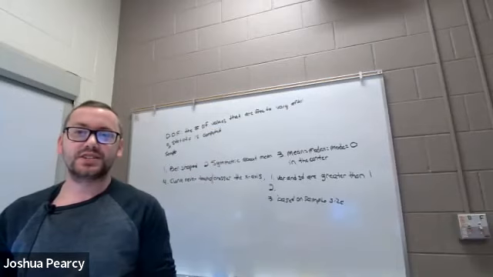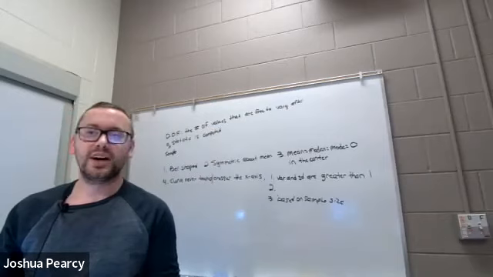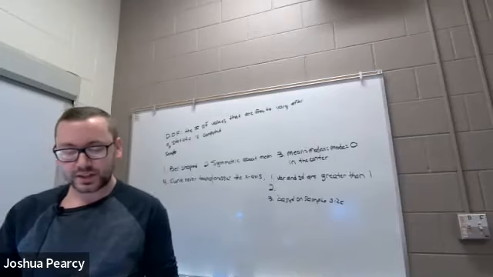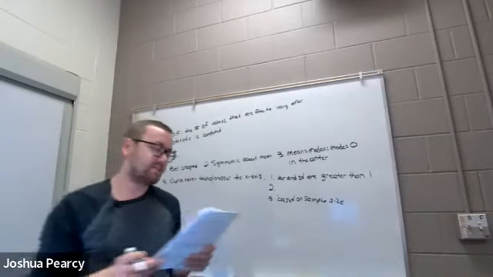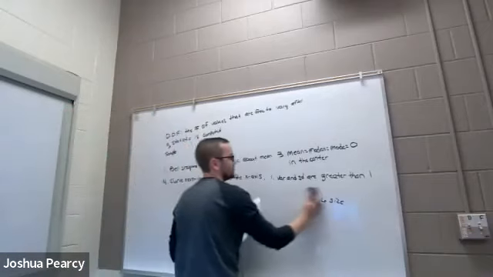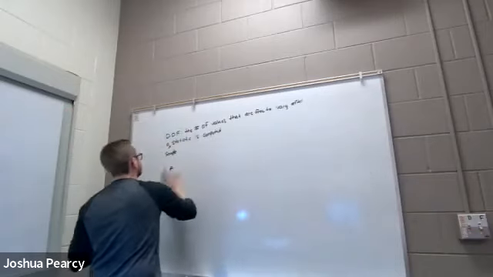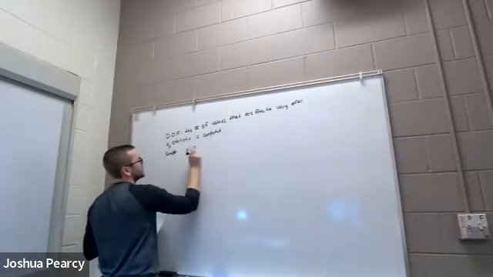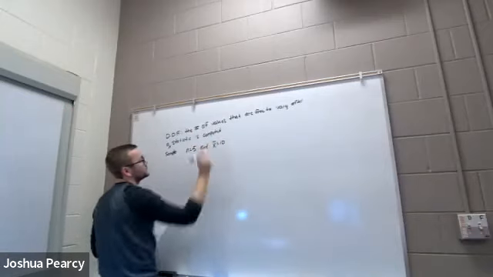Then the next question says, what does this mean? I'll show you what it means. It's a lot easier to do that. As an example, let's take the mean of 5 values and let the mean be 10. So I have n equals 5 and x bar equals 10.